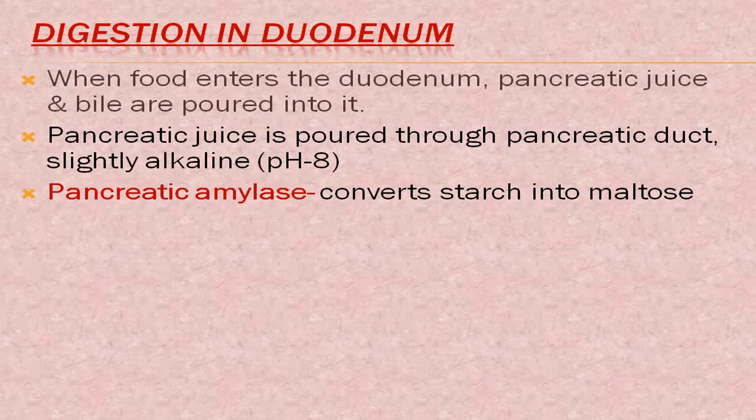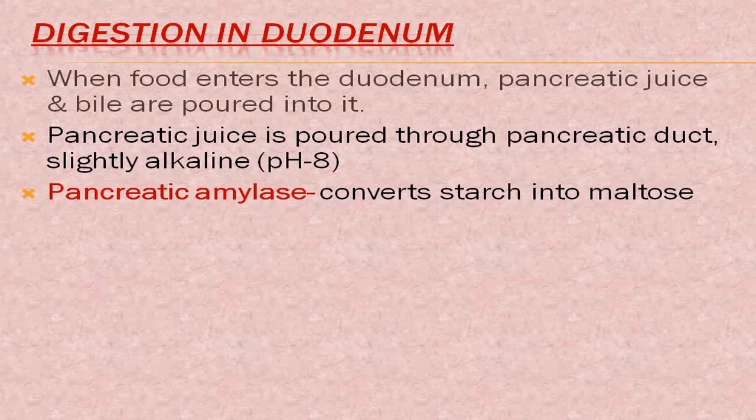Pancreatic juice consists of pancreatic amylase. Remember, the salivary amylase was present in the saliva, so the digestion of food starts in the oral cavity by the enzyme amylase present in the saliva.